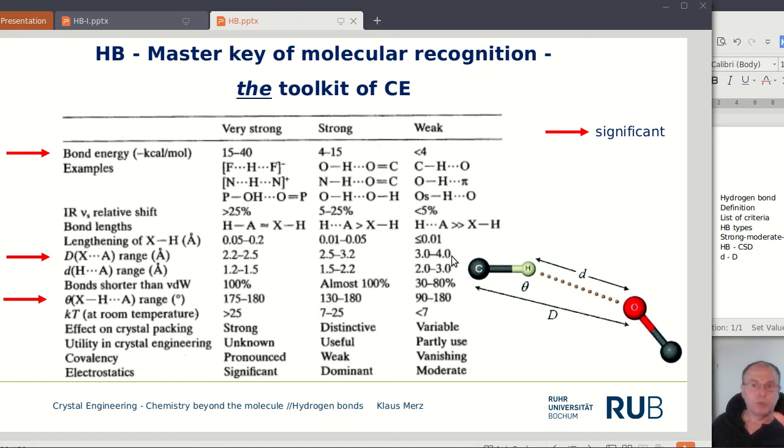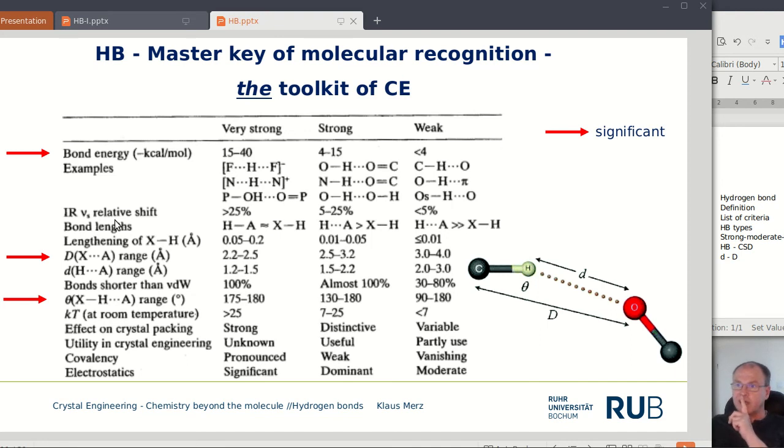If you have a weak hydrogen bond, you have an enlarged distance. And the angle: I've shown you that mostly the aim is to get a linear angle of about 180 degrees. You see it here in the case of strong; the second class is 130 to 180 degrees. In the case of weak, randomly, everything is allowed.